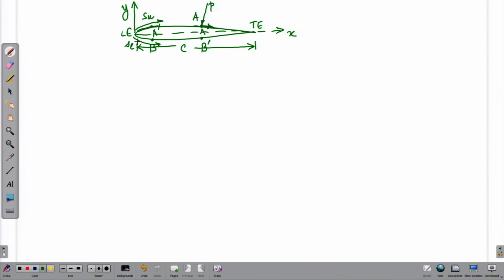Let us look at some conventions for sign. It is very important to follow a sign convention for theta, where theta is the angle between the normal on the surface, or rather normal to the chord, and the direction of the pressure.